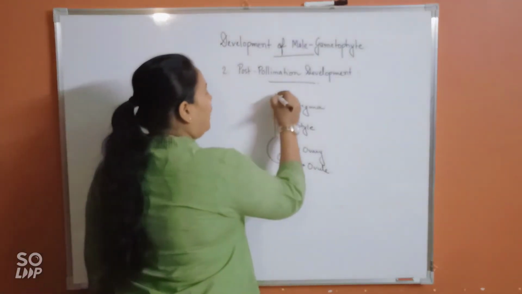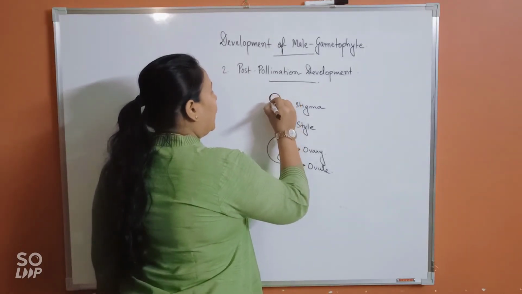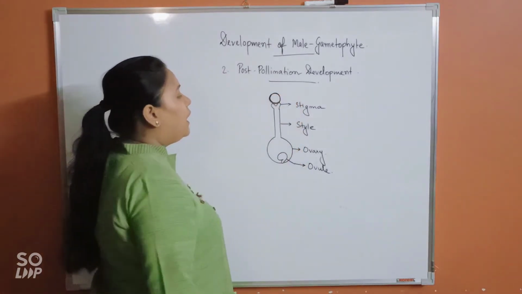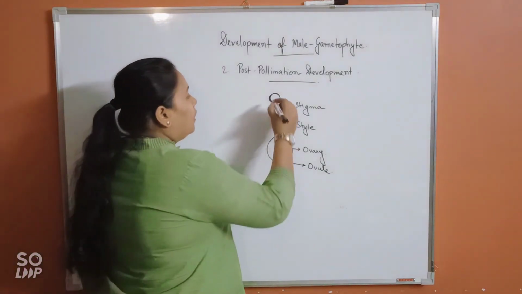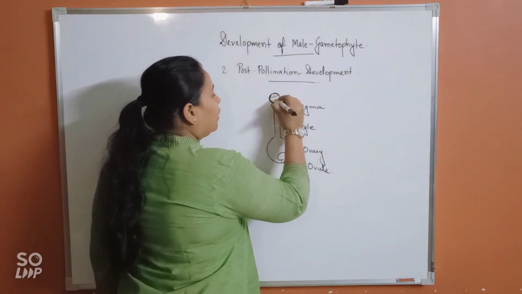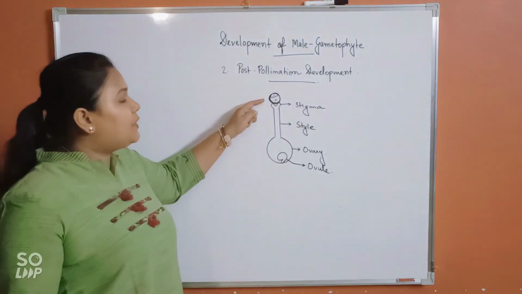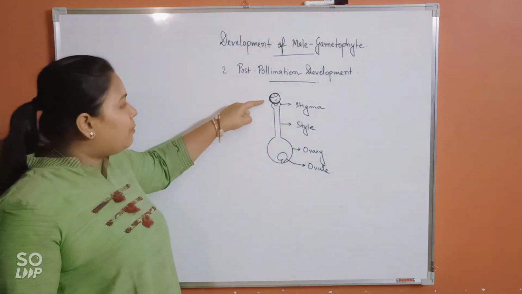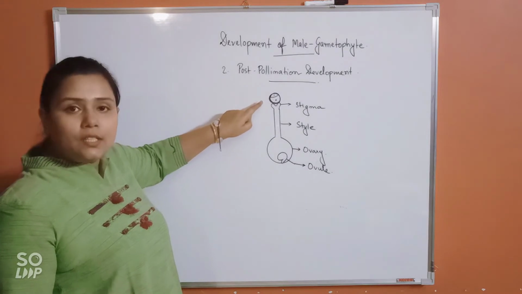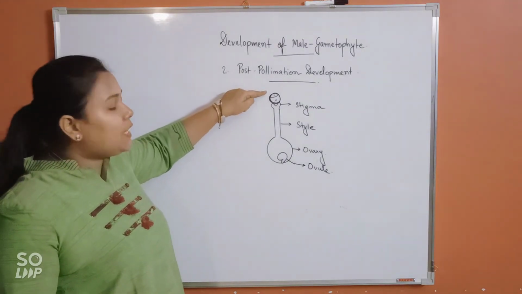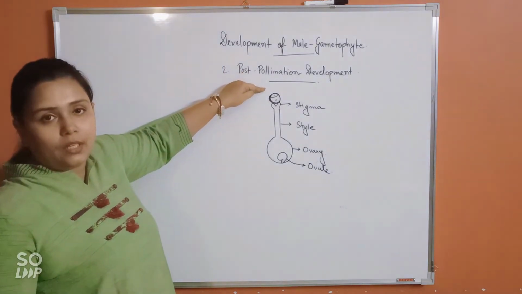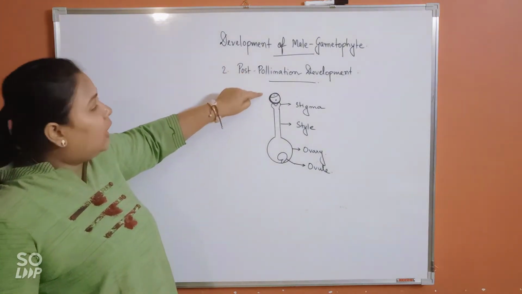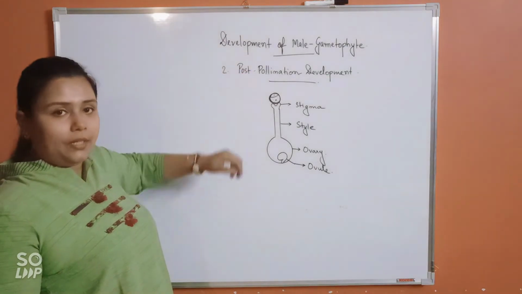Now, whenever a pollen grain falls onto the stigma of the carpel, the vegetative cell or the tube cell will always remain towards the stigma, and the generative cell will remain at the opposite end, towards the upper end. Lower end is vegetative cell, generative cell is towards the upper end.